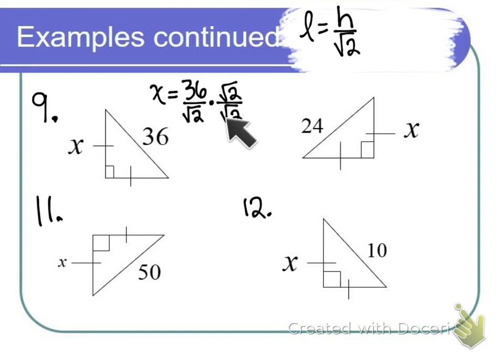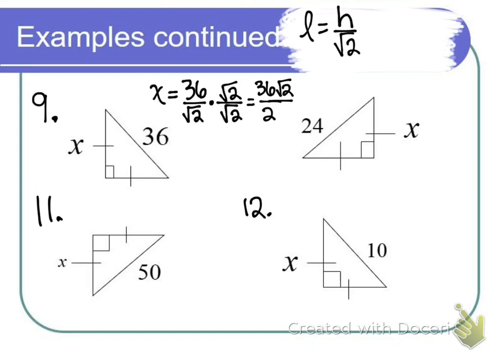Now on the bottom, the square root of 2 times the square root of 2. What does that equal? 2. Okay, it would be the square root of 4, which simplifies to just be a 2. And on the top, we have 36 times the square root of 2. Can those combine in any sort of way? No, not really. So we just write it as 36 root 2.